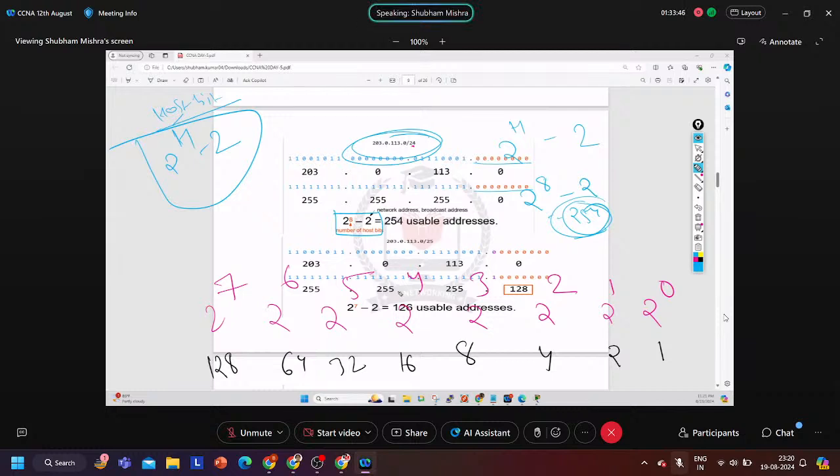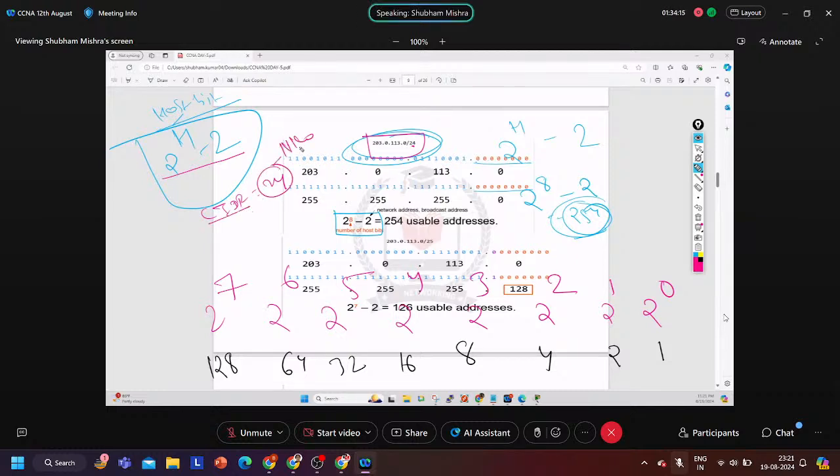Are you getting my point, everyone? So this is the first way. The second way, you can think like this. 2 to the power h minus 2. This is the question. In this question, what is the CIDR value? 24. It means 24 is the network bit. The CIDR value tells us about the network bit.